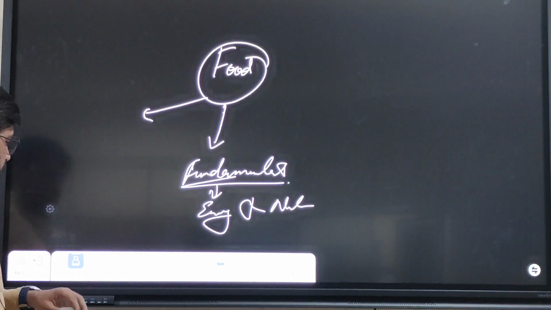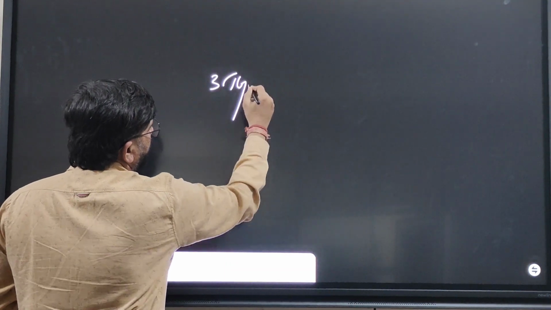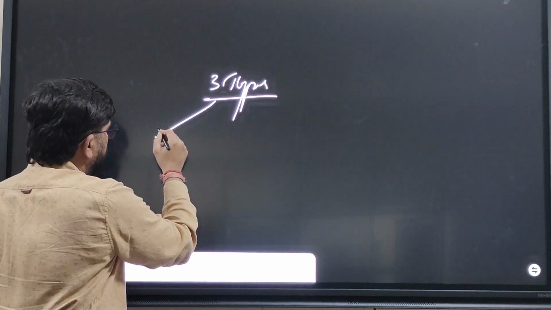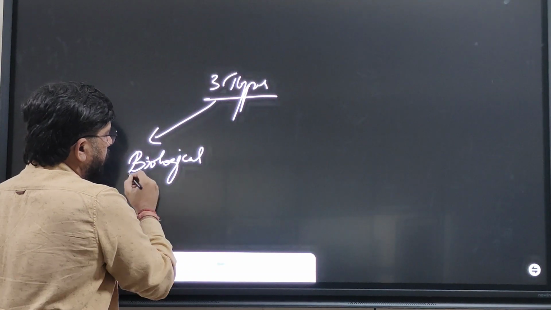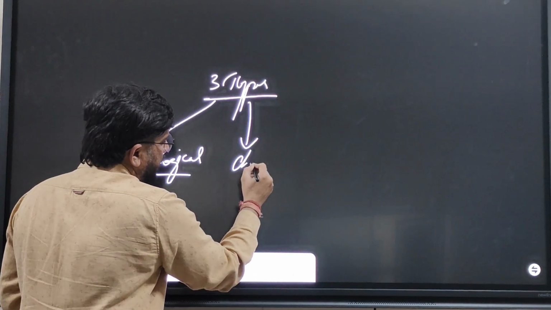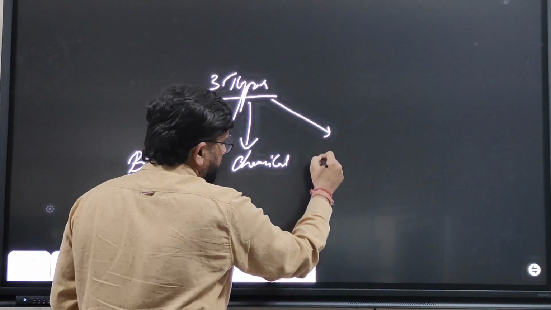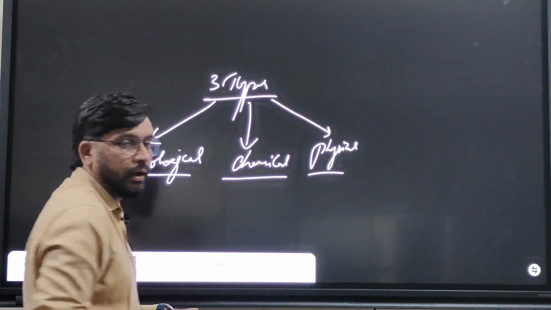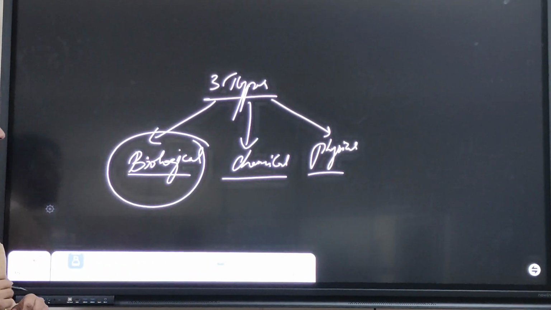There are various types of contamination, but in this session, there are mainly three types of contamination of food. One is biological contamination, chemical contamination, and the third one is physical contamination. But in this session we will be concentrating only on the biological mode of contamination.